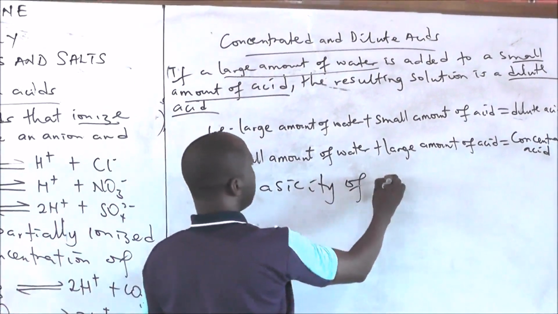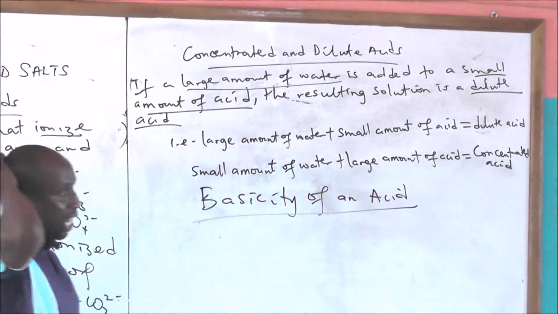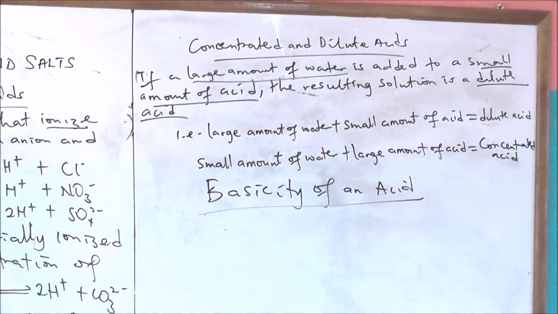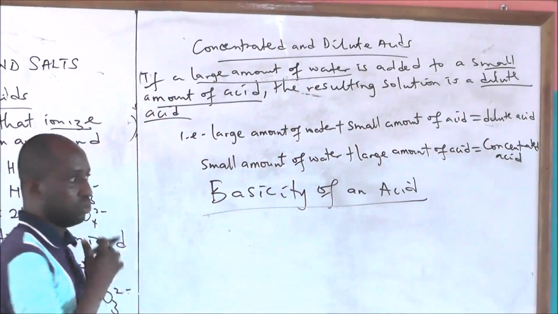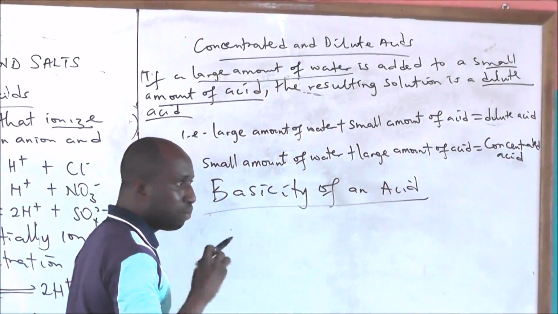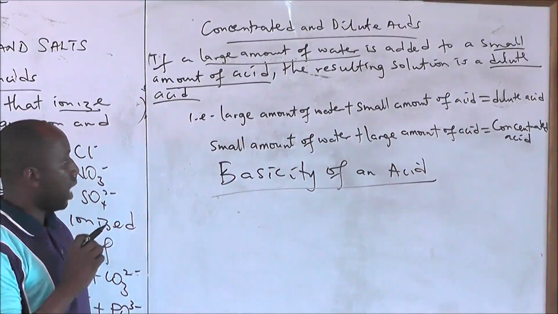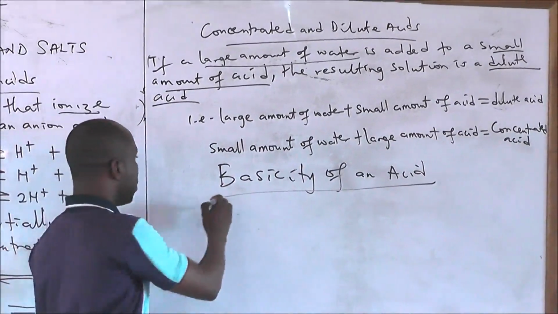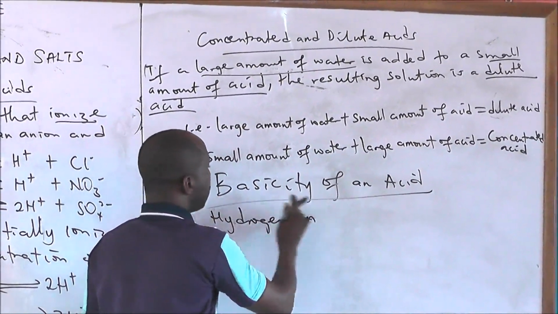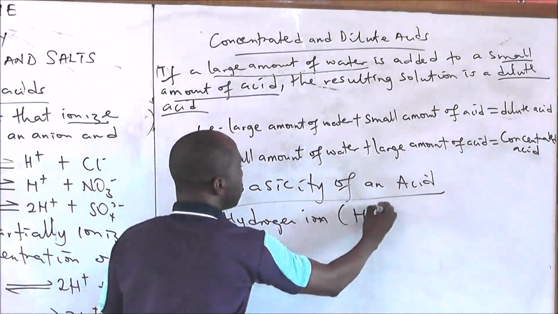Basicity of an acid. At the beginning of the class, we said acid contains hydrogen ion as the only positive ion when you dissolve it in water. Which means that the major ion we have in an acid is the hydrogen ion. So when we are referring to basicity, our attention is drawn towards this hydrogen ion. So what is basicity?